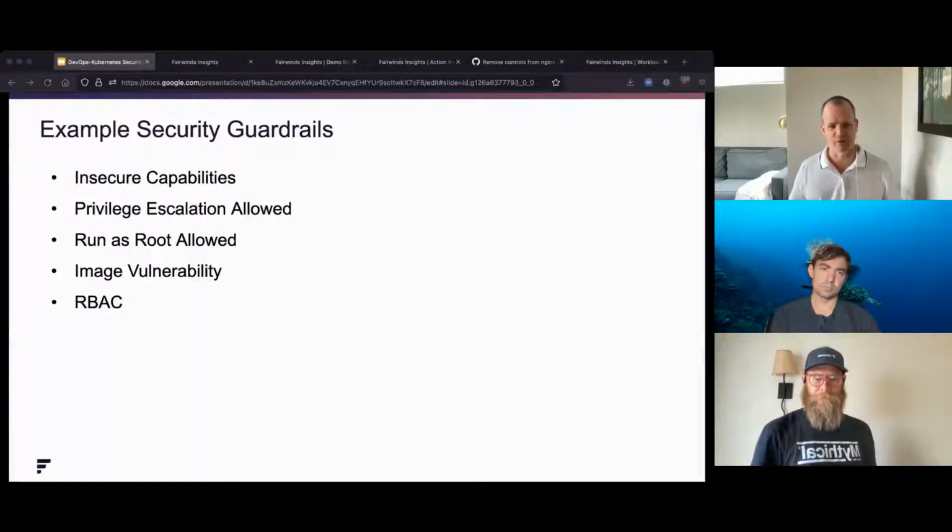There's a couple ways of specifying this. One is that in the security context of your container specification, you can say runAsNonRoot is set to true, which requires that the container not run as root.